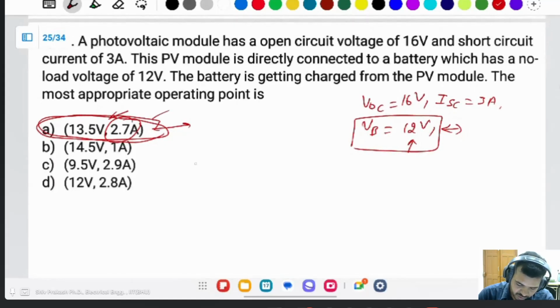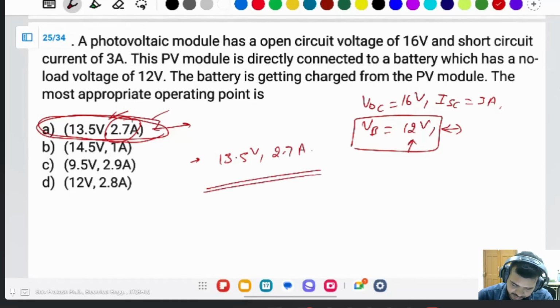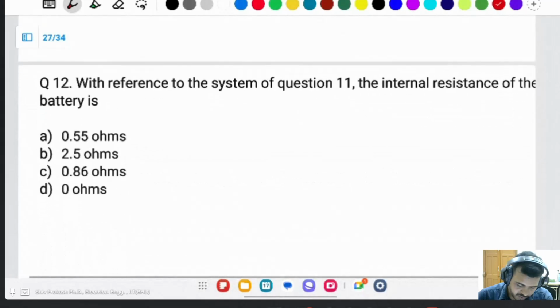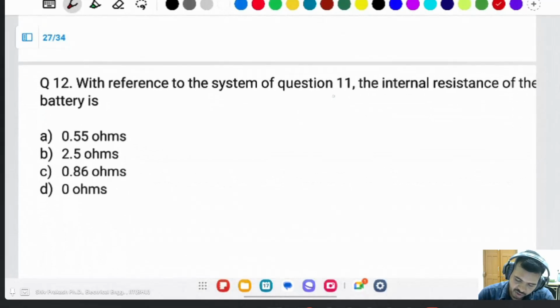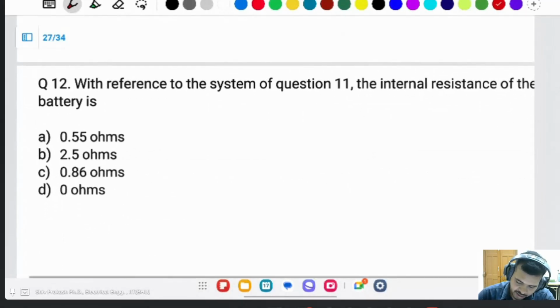That's why you can choose the operating voltage 13.5 volt and 2.7 ampere for this battery.